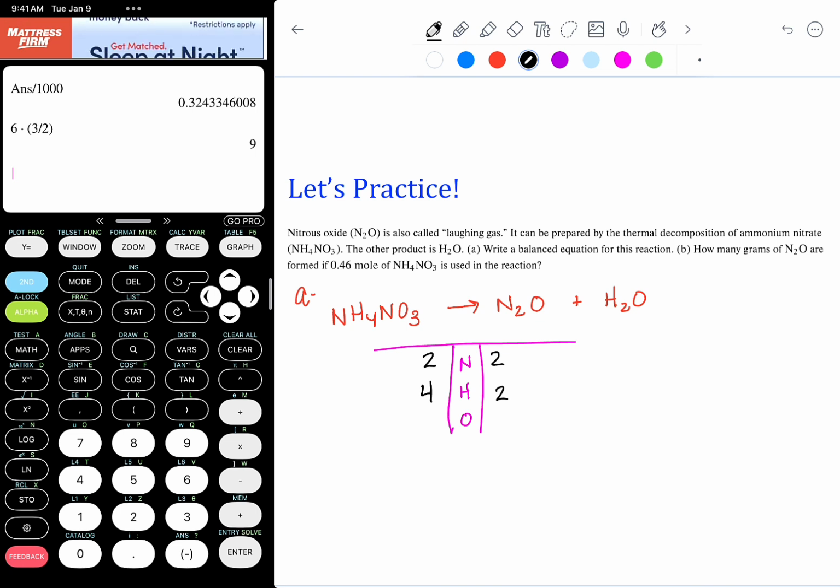And oxygen, we have 3 on the reactants and 2 on the products. So let's balance our hydrogen first. We have 4 on reactants and 2 on products, so I'm going to put a 2 out in front of the water. That 2 is going to cause that hydrogen to go from 2 to 4. And the 2 is also going to cause the oxygen to double. So now I have 2 oxygens plus 1, which balances it out to 3. So we now have a balanced equation by just adding that 1 coefficient.